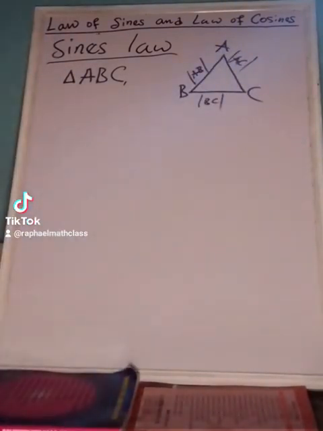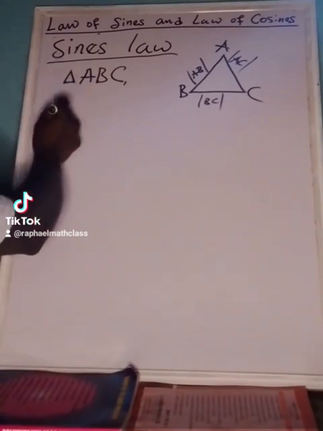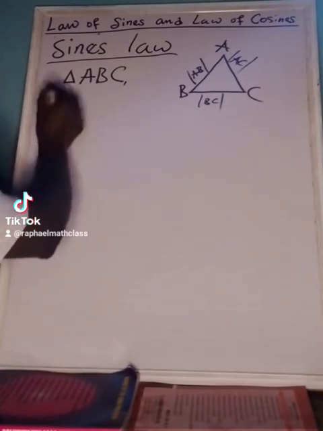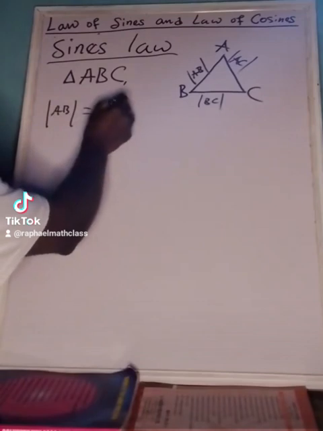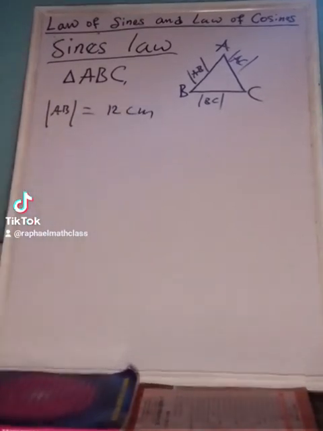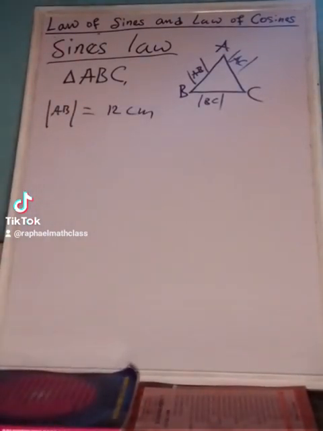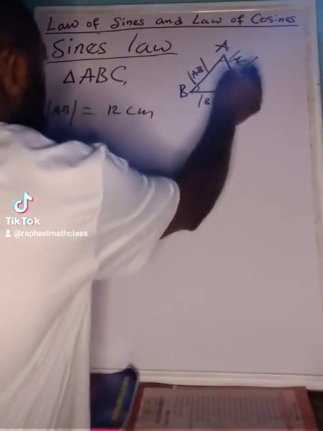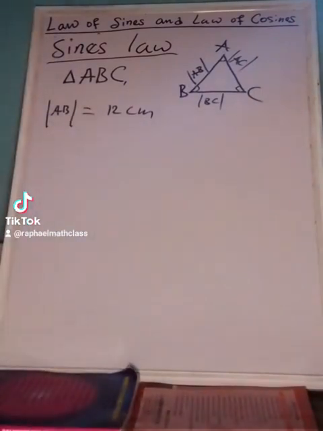They say in a triangle where side AB is 12 centimeter, let us mark our angles out here. You understand? Where side AB is 12 centimeter.